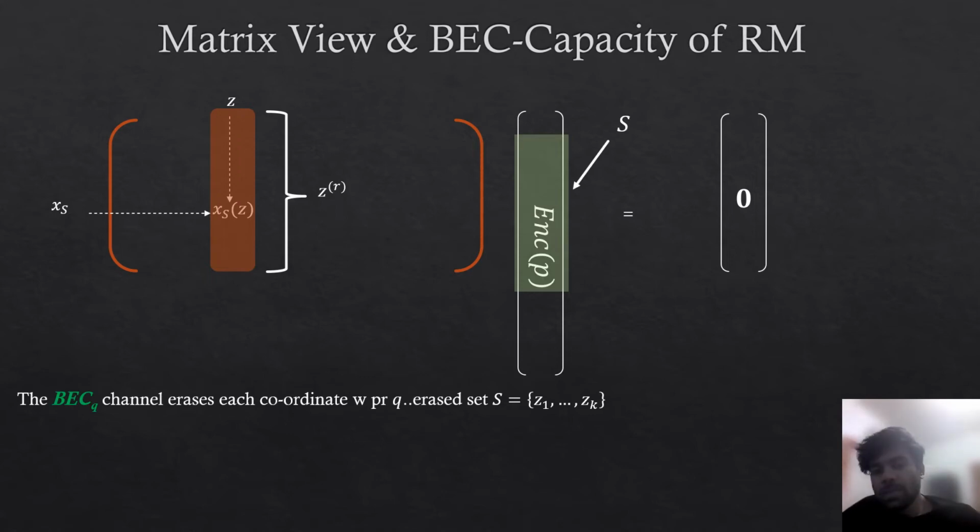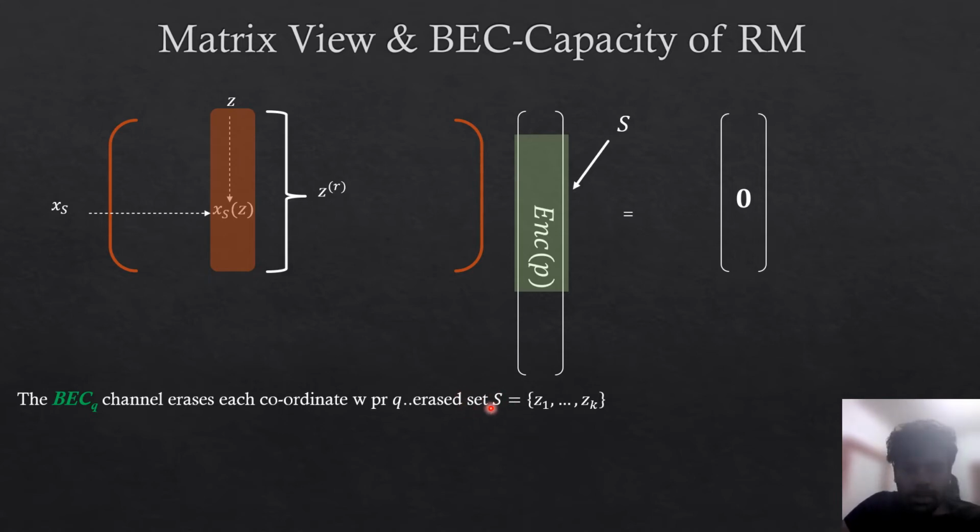Now let's see how the BEC channel actually disturbs this picture. So what does the BEC-q channel do? It erases each coordinate with probability q. It just puts a question mark there. And let's suppose that when this encoding of p was sent through a BEC channel, some k coordinates got erased, and let's denote that random set by s.